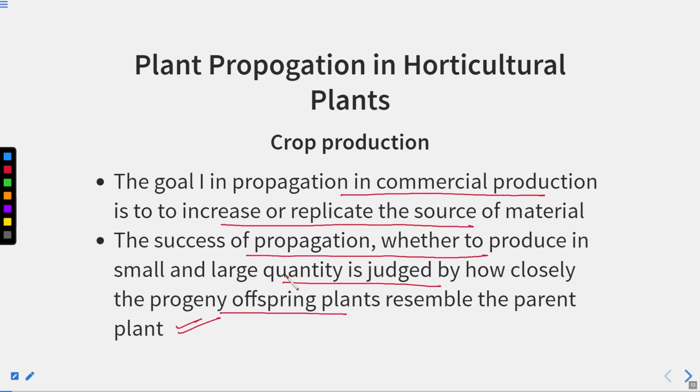So this is one of the qualities of the crop grown with vegetative propagation, that they are similar to their parent plant, because the part of the plant that has been used for growing the new plant is a part of the mother plant only, right? So when it replicates, meaning the number increases, it will be the same as the parent plant or the mother plant.